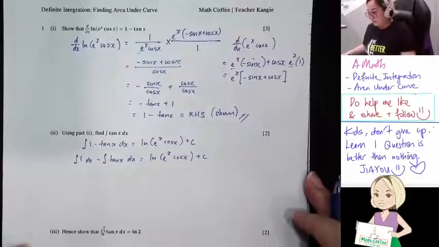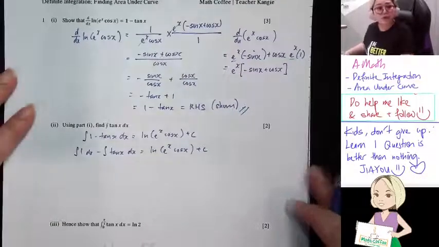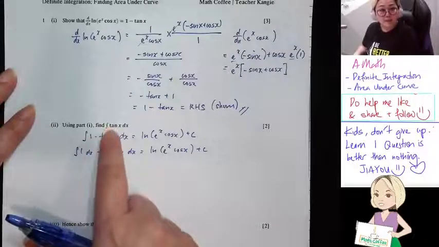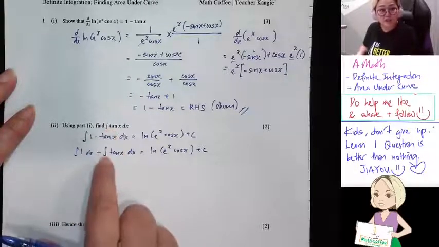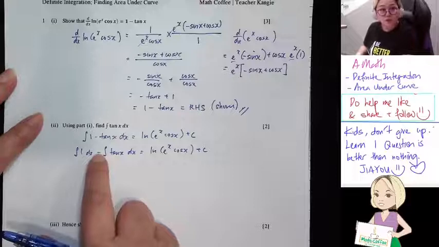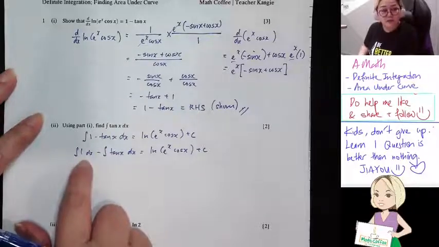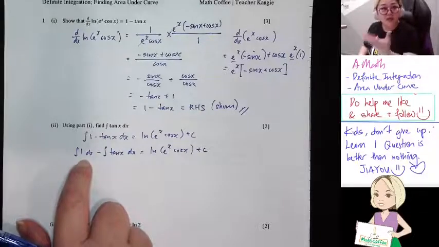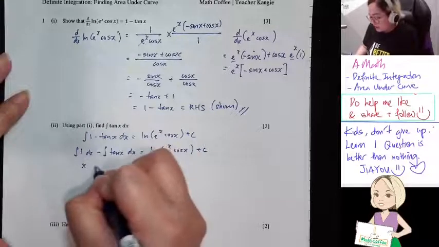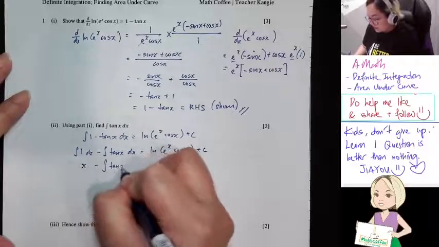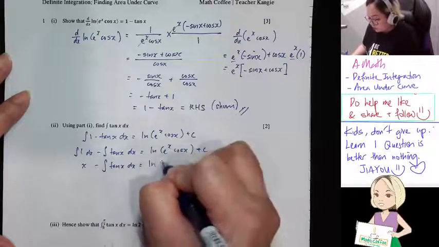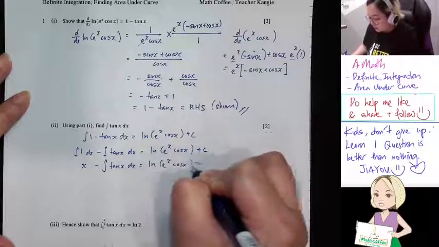See here, my task is the positive integral of tangent, but here it is minus. Before I do that, let me integrate this first. Integrate 1 dx is just x. So this is x minus integrate tangent x dx equals ln of e to the power of x cosine x plus c.